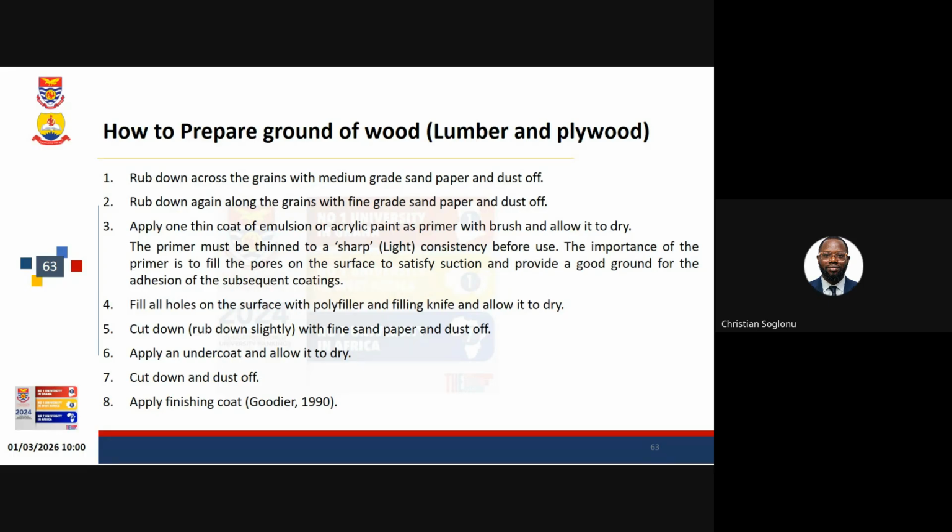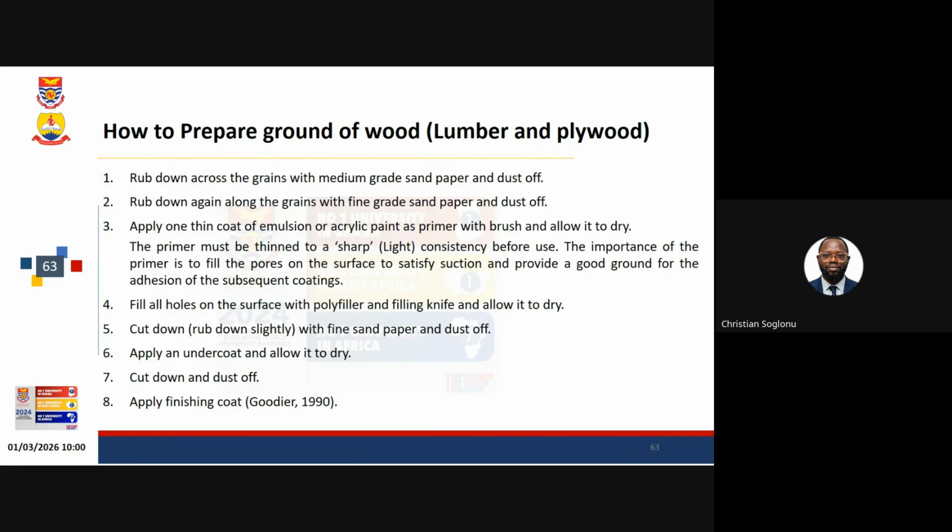So the first one is done with a medium grade. With sandpapers too, the more grains you have on the sandpaper, the smoother you will get, the finer you will get. So if the grains on the sandpaper are fewer, that means that you are going to get a rough surface.